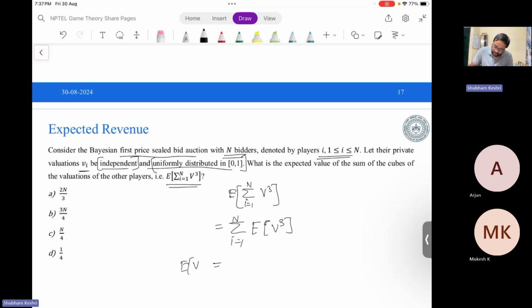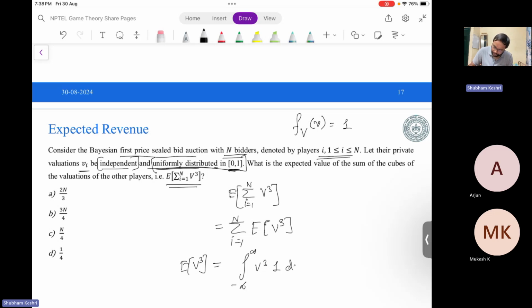Now, we will worry about that sum later. What we have to do is calculate the expected value of v cube. In the previous question, we were just doing that: the integration from minus infinity to infinity of v cube times small f of v. This is actually 1 when it is uniformly distributed between 0, 1.